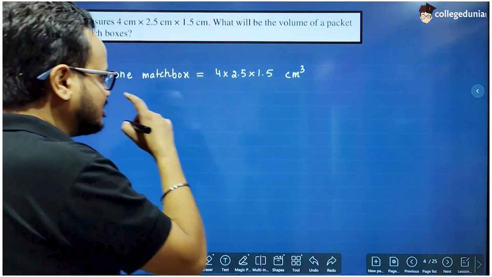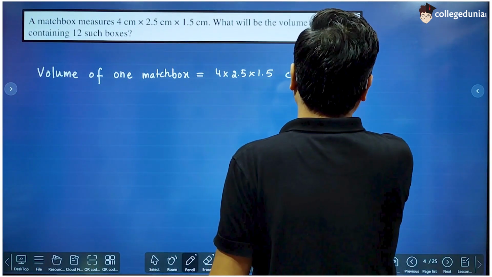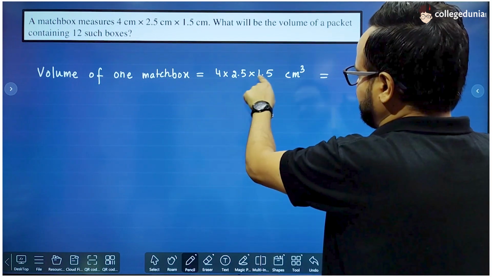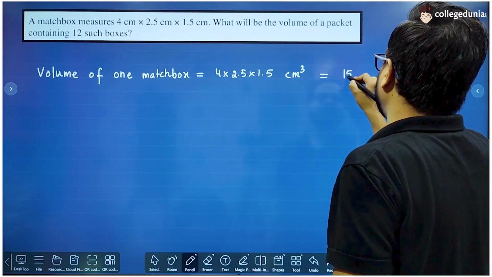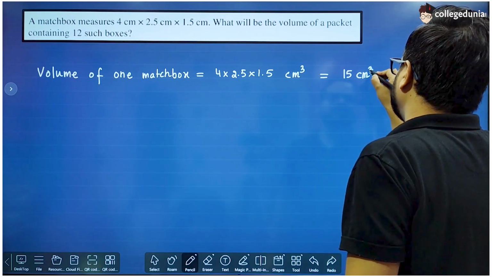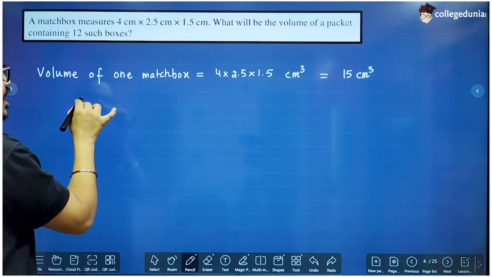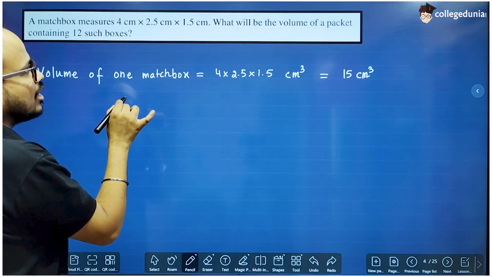So this answer is what? Volume of one matchbox is 4 into 2.5, that is 10, and 10 into 1.5 is 15 centimeter cube, and we have to find the volume of 12 such boxes.